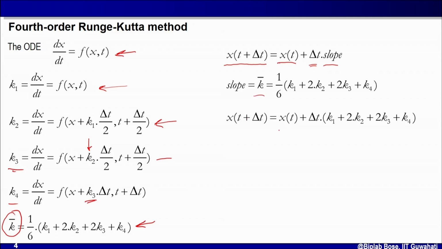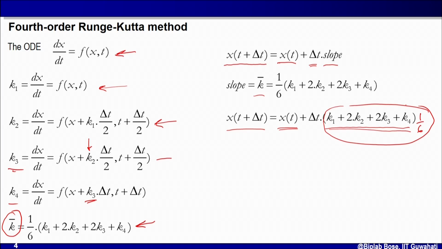So if x at time t was xt, then x at time t plus delta t would be xt plus delta t, the increment in time, into the average slope. Here we should have 1 by 6, which was missing initially. So this way, using this average slope, I can calculate the new value of x.